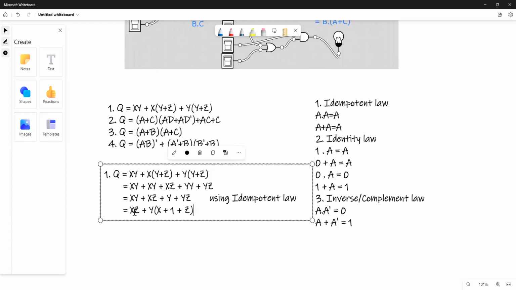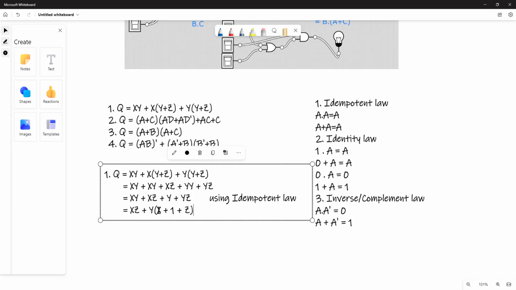Agree, Kantu? Yes, sir. So since we have all y, we have 1 plus something.